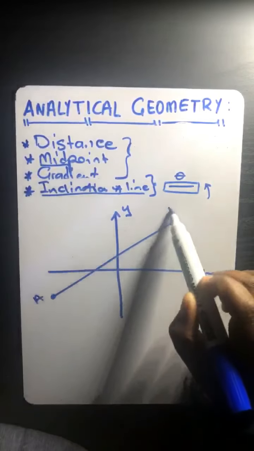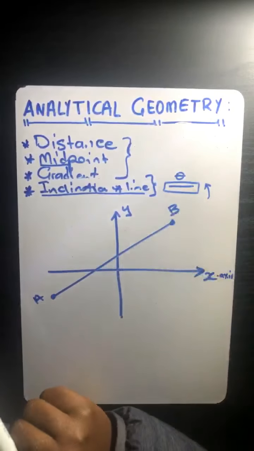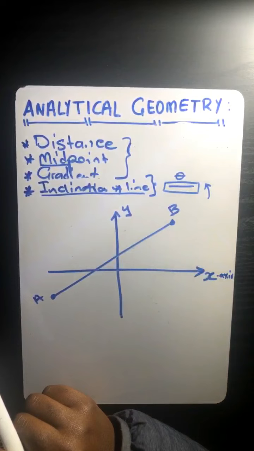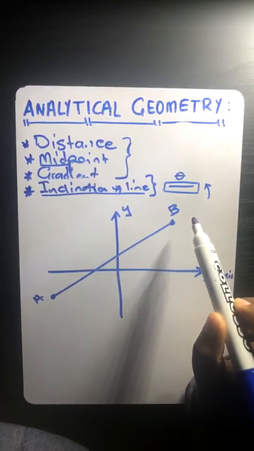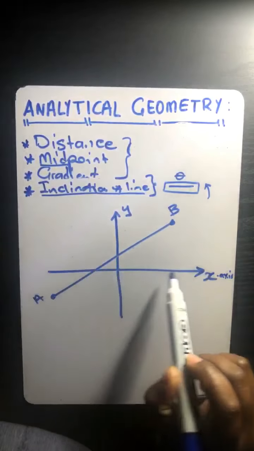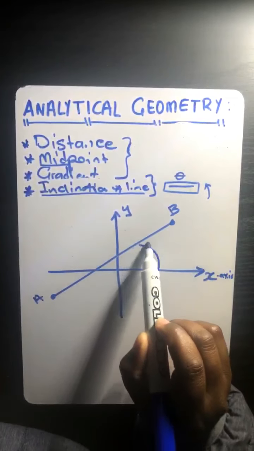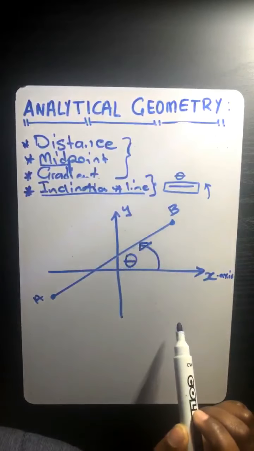Let's say point A there and point B there. Which angle exactly are we talking about? An angle formed with the horizontal in an anti-clockwise direction. So this is the angle that we're talking about.